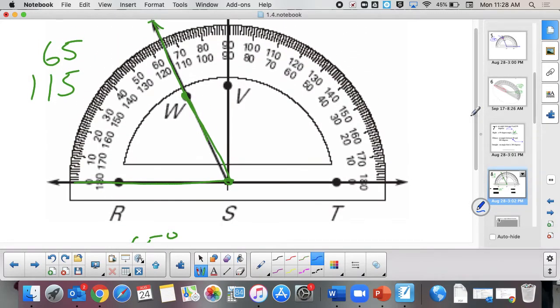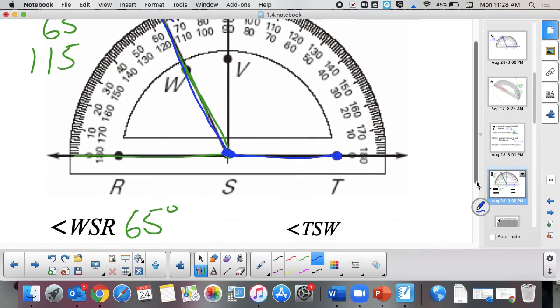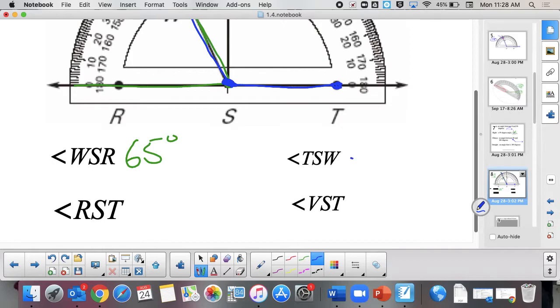Angle TSW starts at T, goes to S, then through W. So now we are going through these same 2 numbers, 65 and 115. The difference is now we are bigger than 90. So this angle will be 115 degrees.